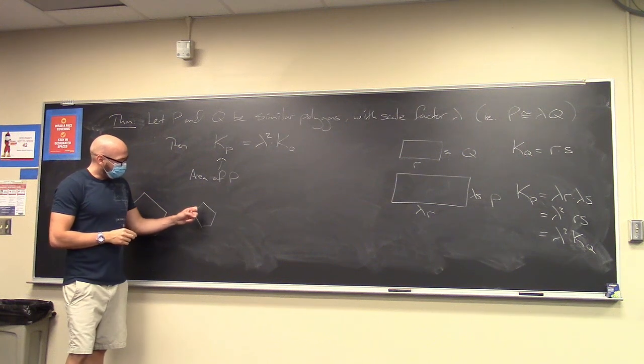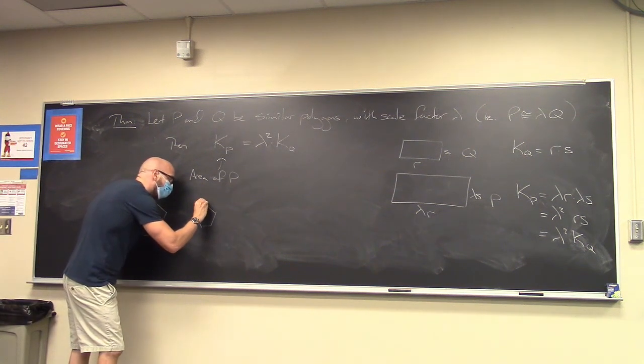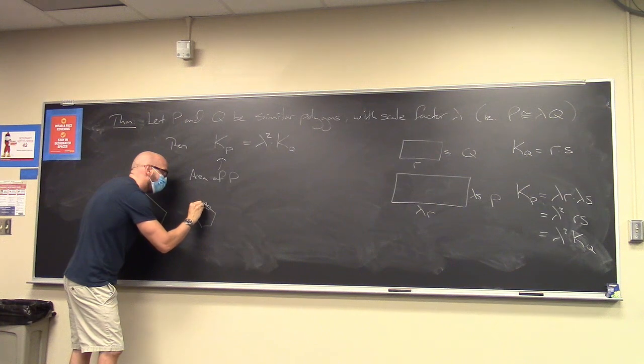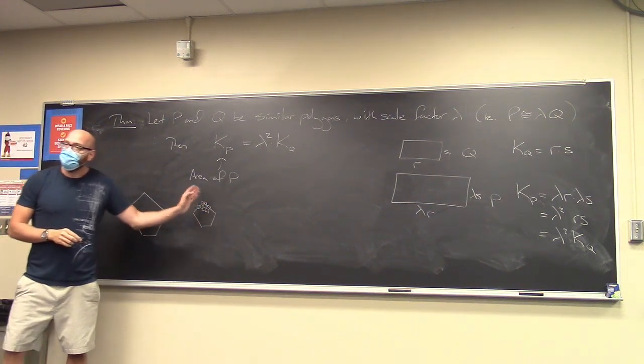What's one way you could find the area of this pentagon? Well, one thing you could do is you could just cover it with a bunch of squares. Add up the area of those squares, and that would give you approximately the area of the pentagon.